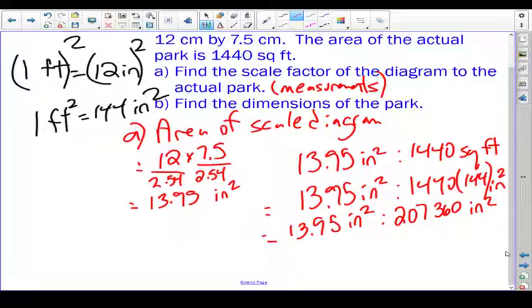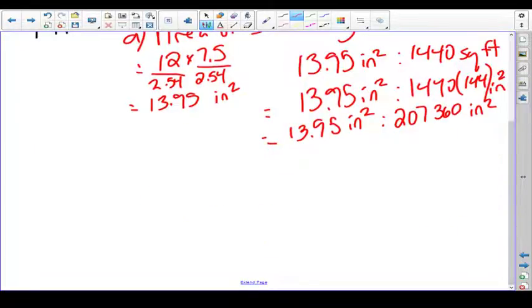So to find the scale factor, what we basically have is a ratio where the first number is a 1. It's 1 to something, okay? So to make this a 1 to something, we now have to divide both these numbers by 13.95. So 13.95 divided by 13.95 is just 1 inch squared.